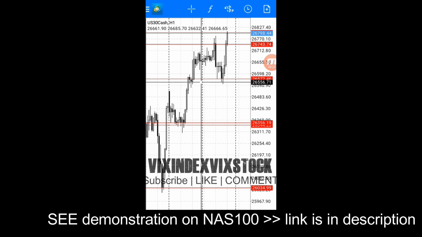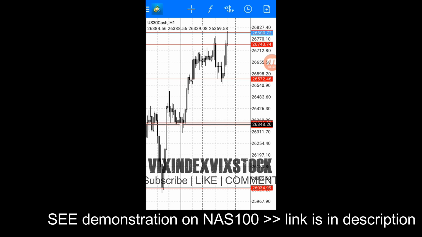This is the US30. I'm on the 1 hourly chart. If you watched the other video, I'll leave a link in the comments box below where I explain this strategy fully. You'll see that I was using the H4 chart, but here I'm demonstrating that it also works on the hourly chart with US30.